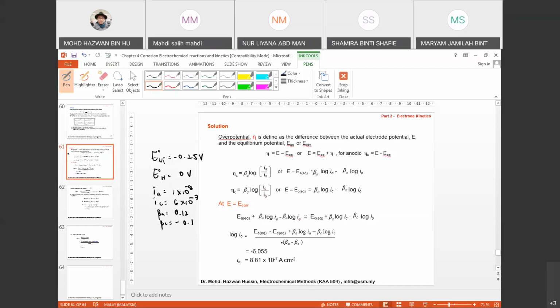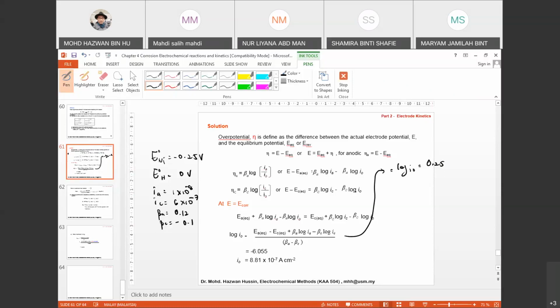So if you want to use this formula, first thing is, if you notice over here, this is actually the anodic potential. So to calculate log I, it is equal to 0.25, not negative. It should be positive because it's already in anodic.